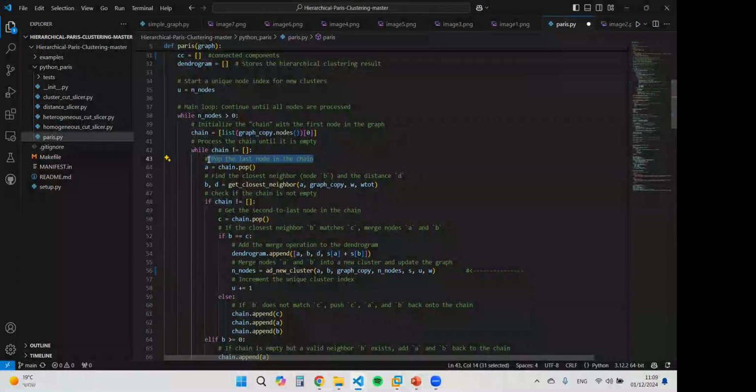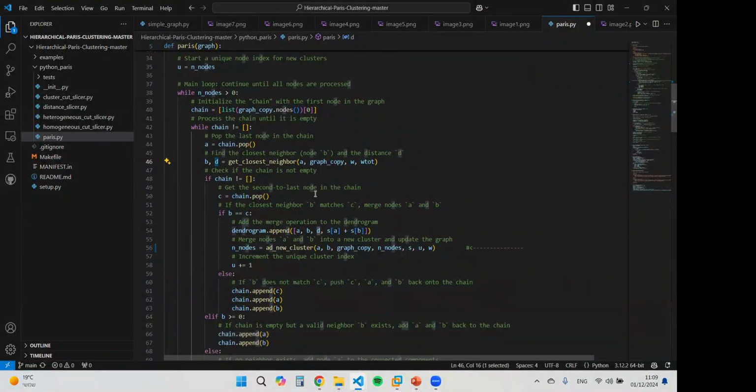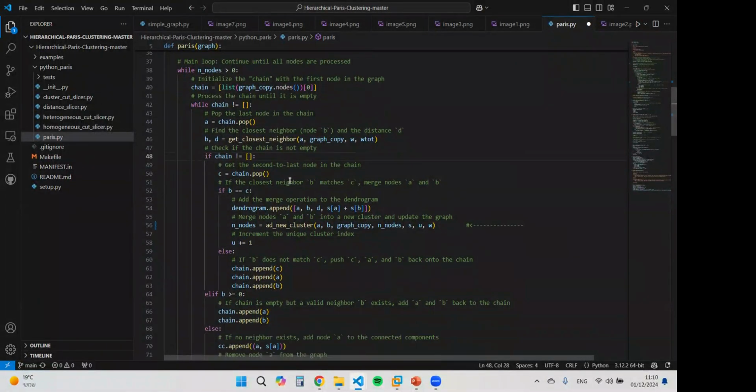So we are using pop to pop the last node from the chain. We find the closest neighbor with this function. We actually get the node itself, which is named B, and we get the distance. We take the distance as well because we want to add it to the dendrogram, to S. And we keep doing that until the chain is empty as well.